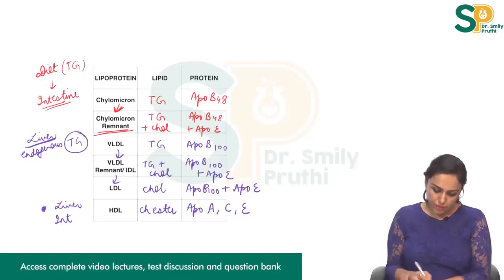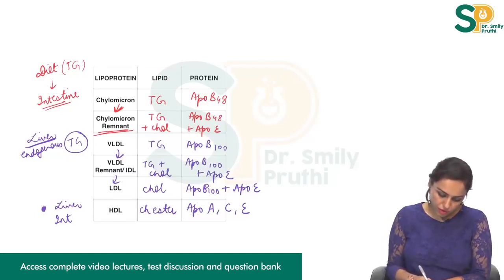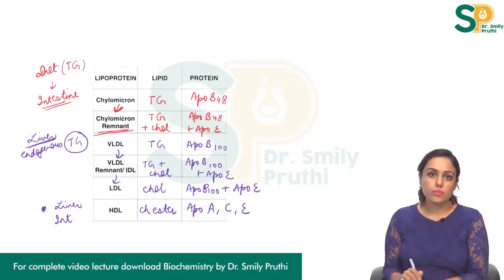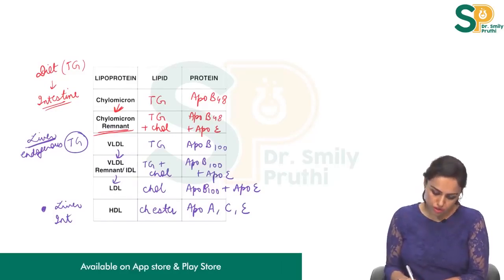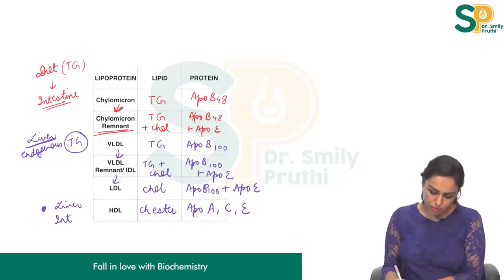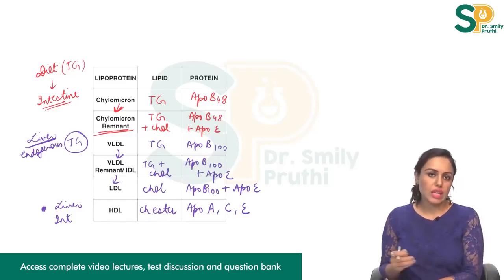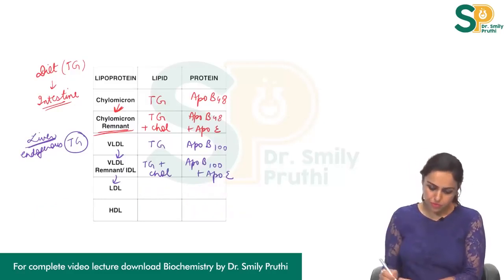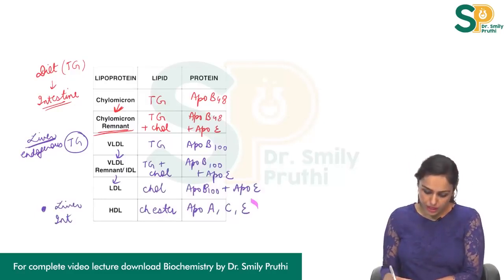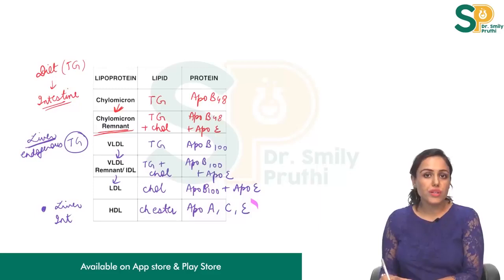And then HDL. HDL is synthesized in liver and intestine both, but mainly in liver, and the lipid present in HDL is cholesterol ester, and the proteins present are ApoA, C and E. So, three proteins, you can learn it with the mnemonic ACE. This ApoC and ApoE have no role in HDL.